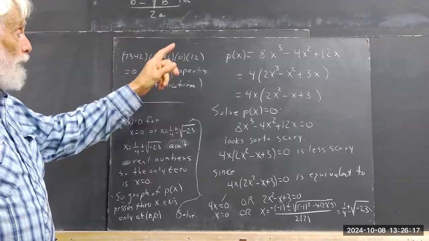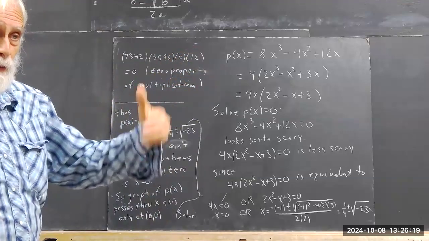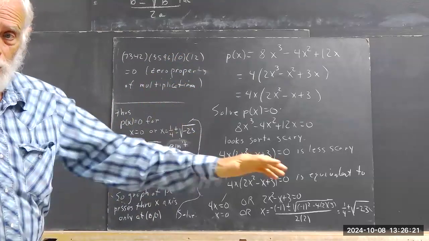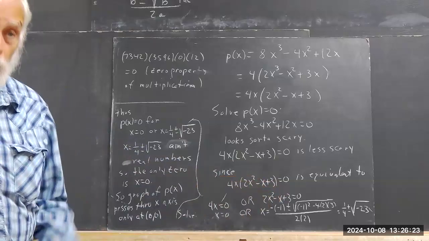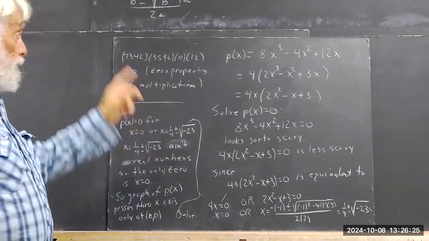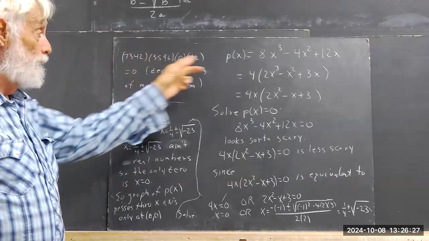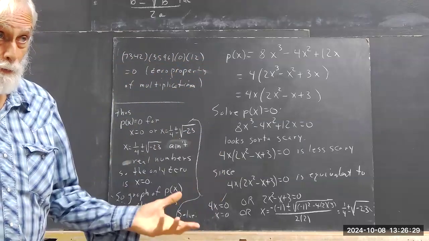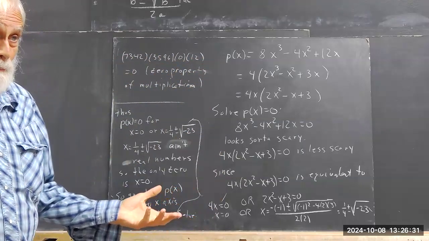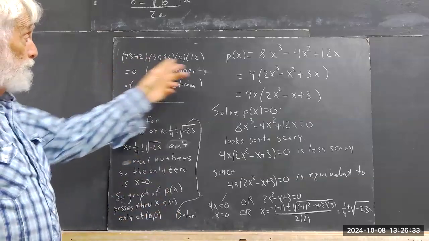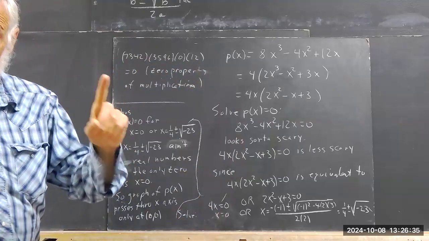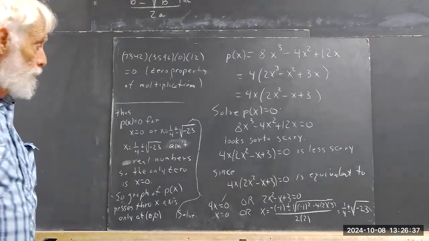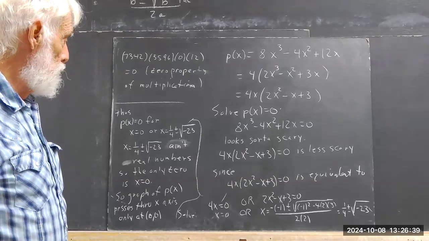Now, if there's one 0 in a series of things you multiply, the whole thing is 0. Then we can also say, if there isn't a 0 in here, you're not going to get 0. The only way you get 0 from a product of 4 numbers is if at least one of them is 0. All right. Well, look at what we have here.